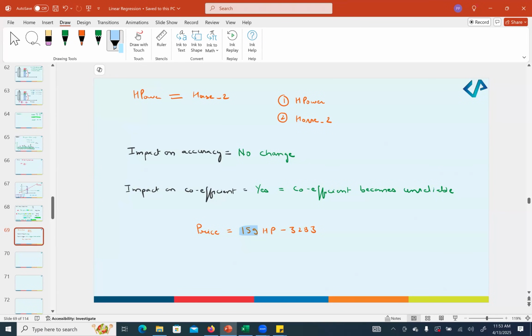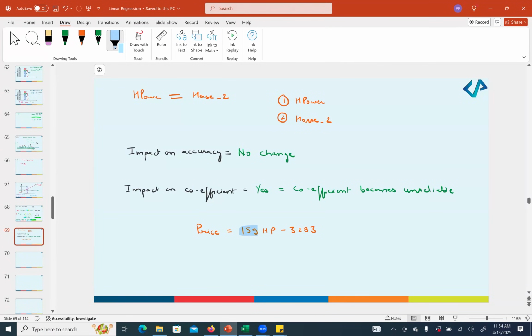If I create a new engine with 10 horsepower more than the previous engine, then the price of the car will increase by around $1,590. So a 1 unit change in horsepower will result in a $159 change in price. That's what coefficients mean.